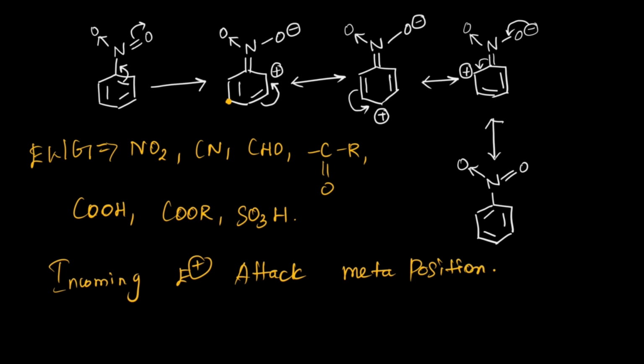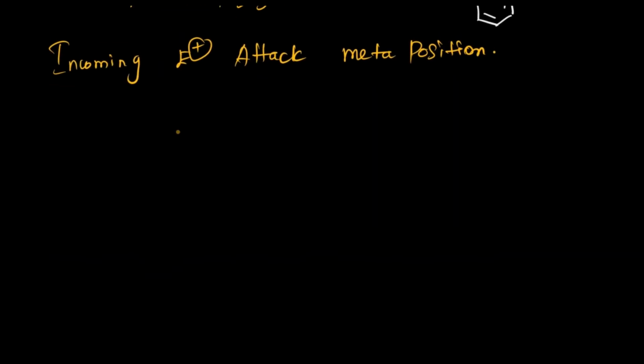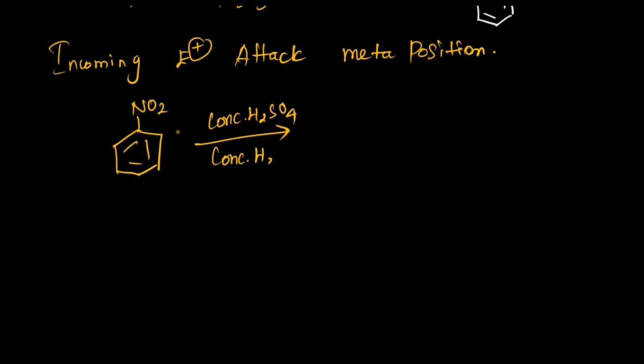Say, for example, if I have a nitro group and this is undergoing an electrophilic substitution reaction, then the incoming electrophile, the nitro group, will go to the meta position relative to the existing substituent.